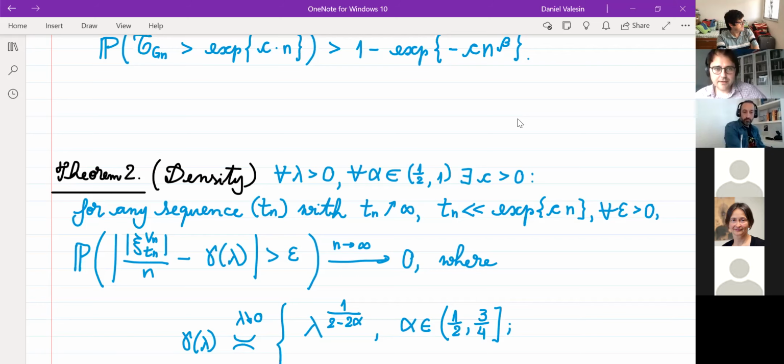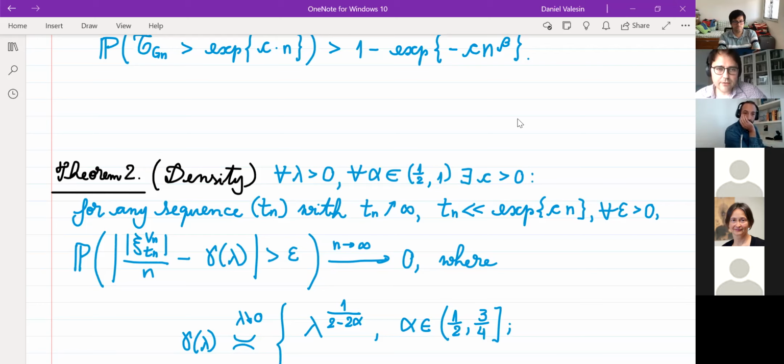Okay, so the density theorem goes as follows. Take any lambda larger than 0, but for this theorem you should actually think about lambda small, between 0 and 1. The statement will be kind of trivial for lambda large. And for alpha in this intermediate regime of the graph, there exists a constant such that the following holds.